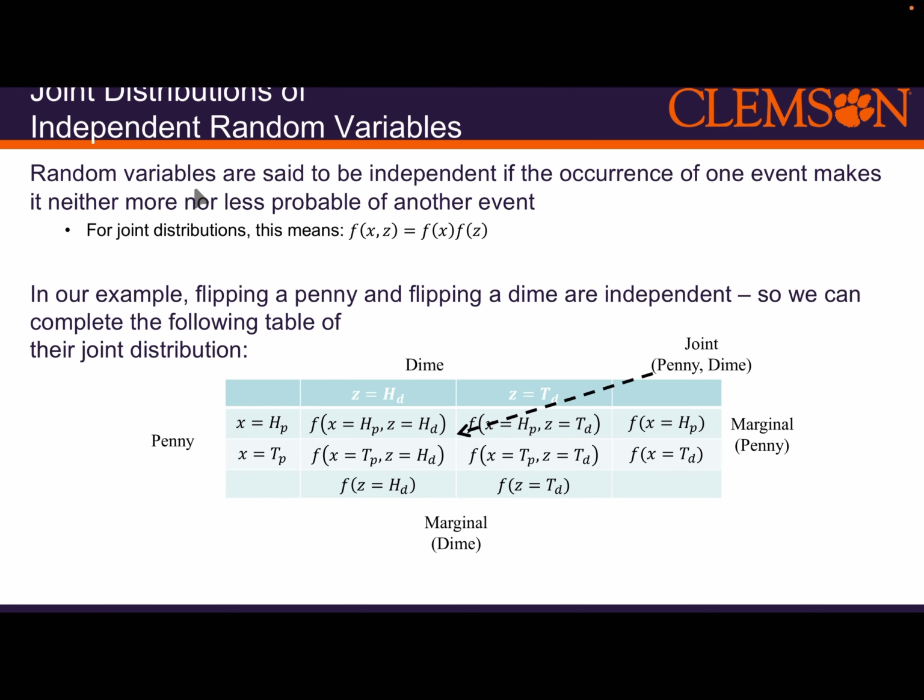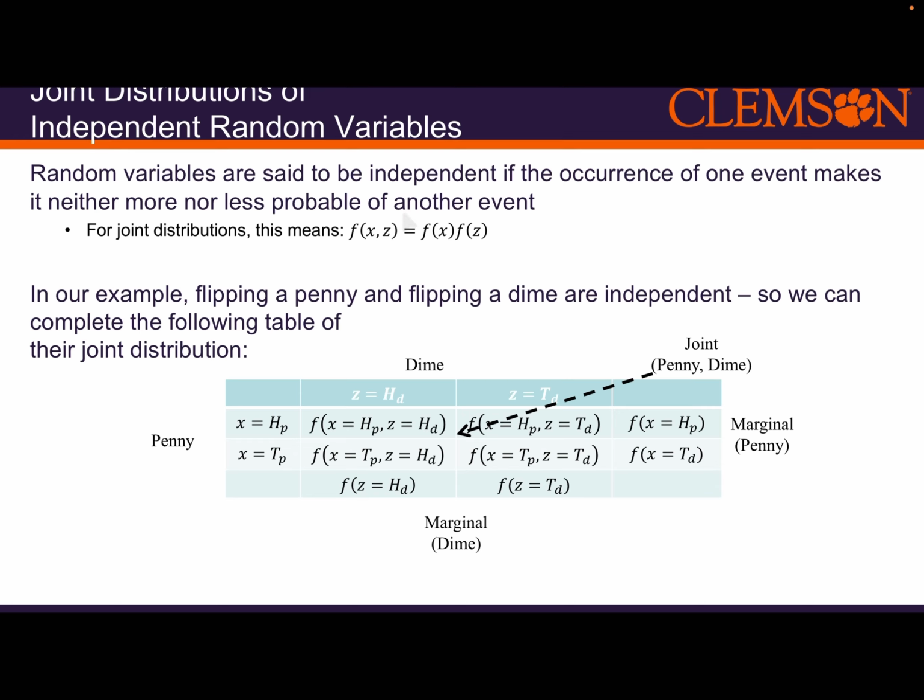So joint distributions of independent random variables are pretty straightforward. Random variables are said to be independent. This is actually a statistical definition. They are said to be independent, not mathematically speaking, but in the English way of thinking about it. They're independent if the occurrence of one makes it neither more nor less probable of the other, right?